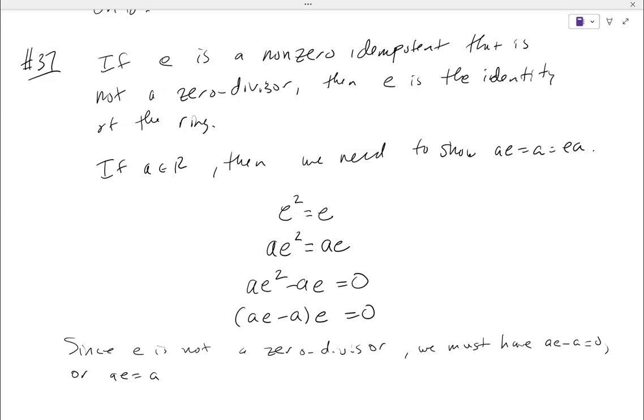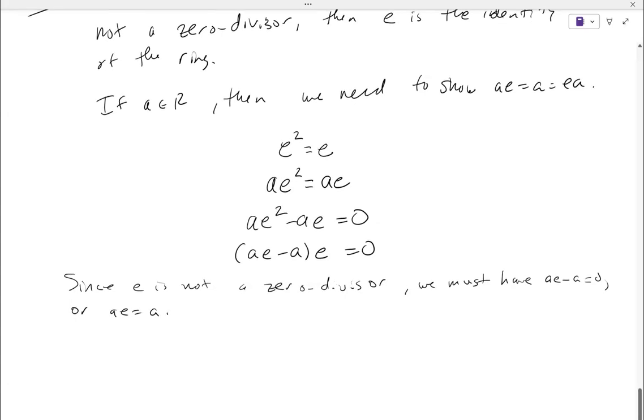How would the proof be different to get EA is also A? What would we need to do? We multiplied both sides by A on the left originally. Instead of doing that, we would multiply by A on the right. Good. It's literally the same proof, just put the A on the right.